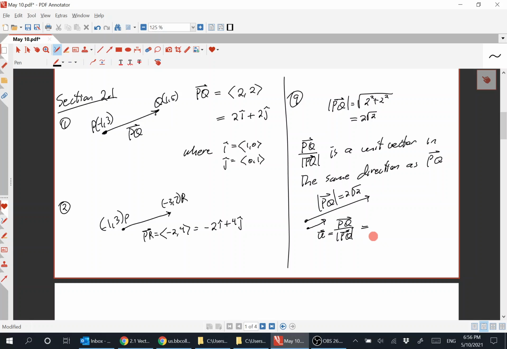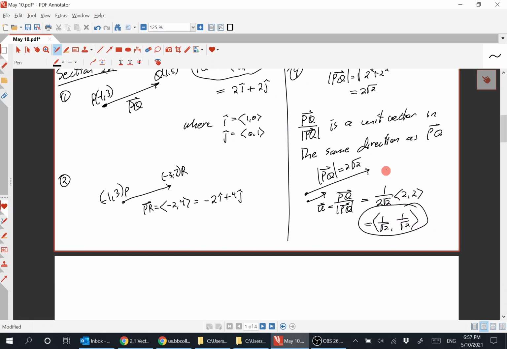That's 1 over 2 root 2 times the vector (2, 2), so that's (1 over root 2, 1 over root 2). That's a unit vector in the direction of PQ.